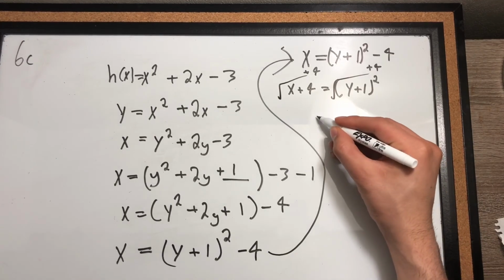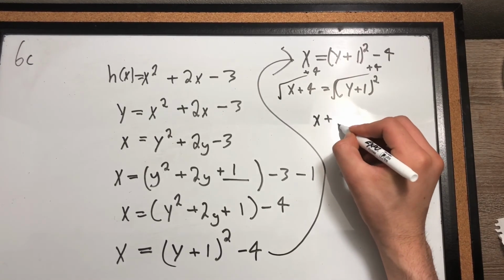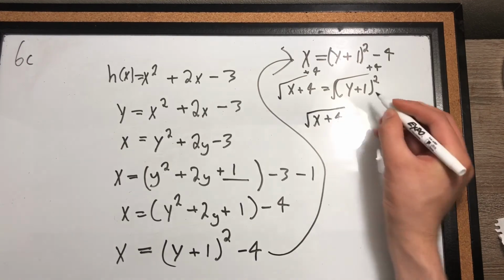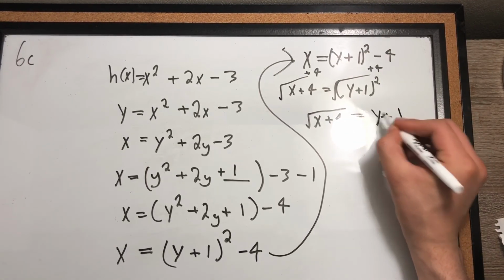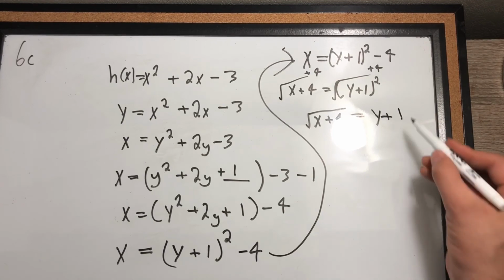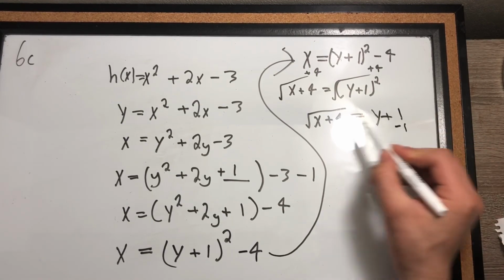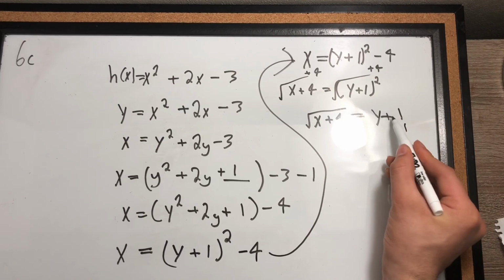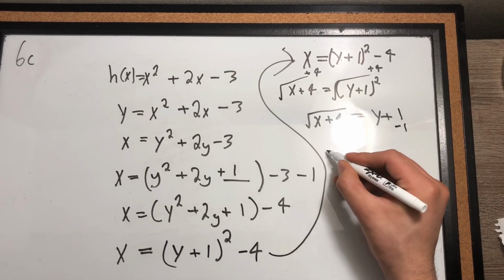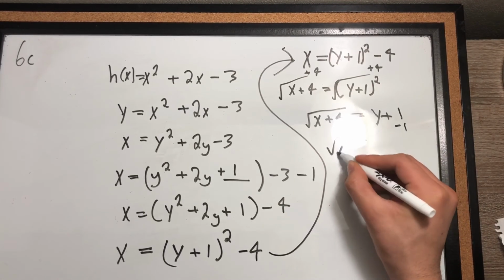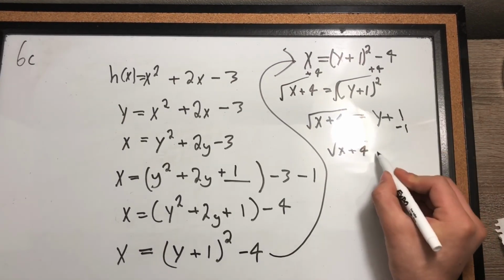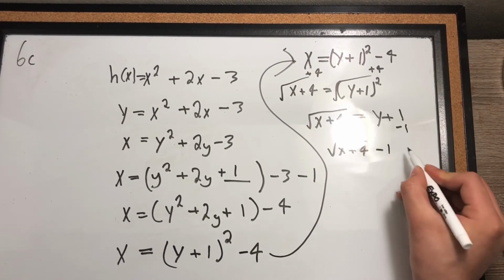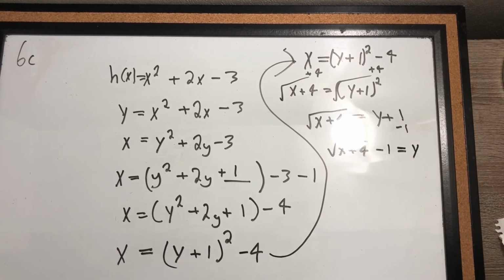So that's going to end up being the square root of x plus 4 equals y plus 1. So after you've done this, you have to subtract 1 from each side to get rid of this. So now you're going to get the square root of x plus 4, and then you have to have the minus 1 on the outside of that equals y.